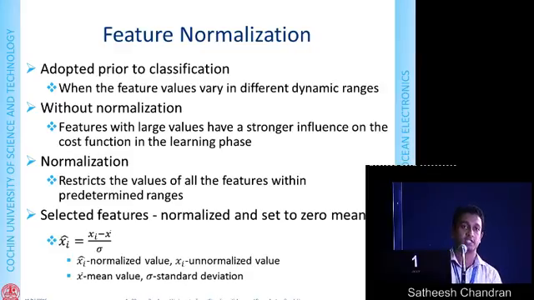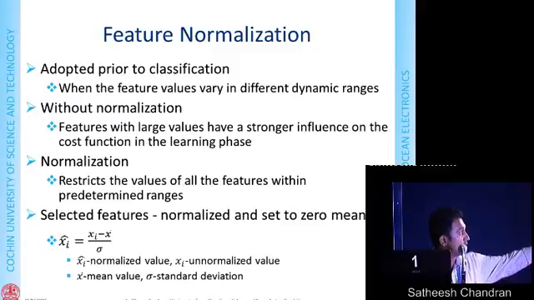After this feature extraction, these features must be normalized because different features may have different ranges of values. So we have to restrict the values of all the features to similar ranges. So feature normalization is carried out, and we normalize the features by using this formula.